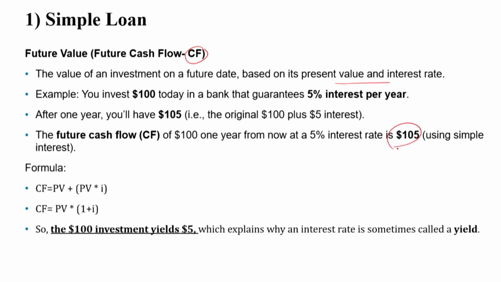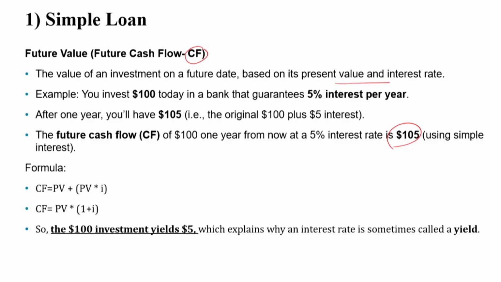Using a simple interest rate formula, we estimated that the future cash flow of 100 at a rate of interest of 5% is going to be 105. It's a very basic formula to begin with, so that once we start discussing other debt instruments, this basic understanding is going to help you a lot.